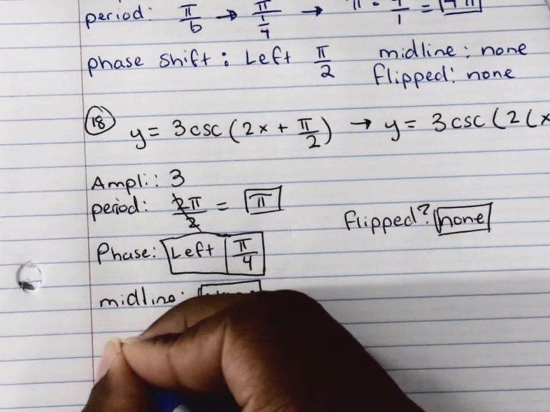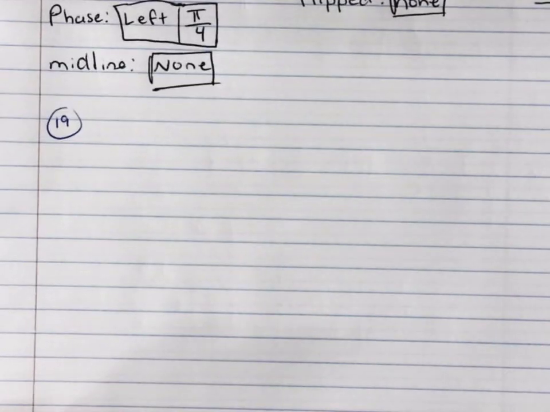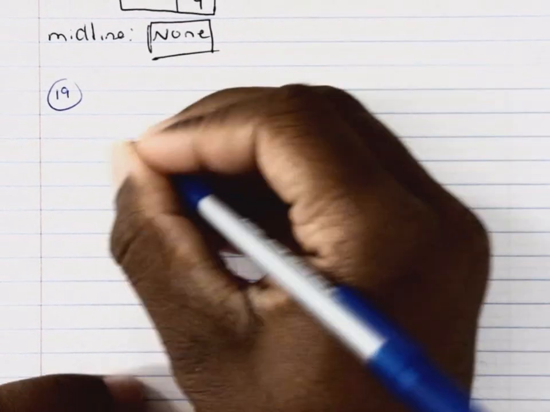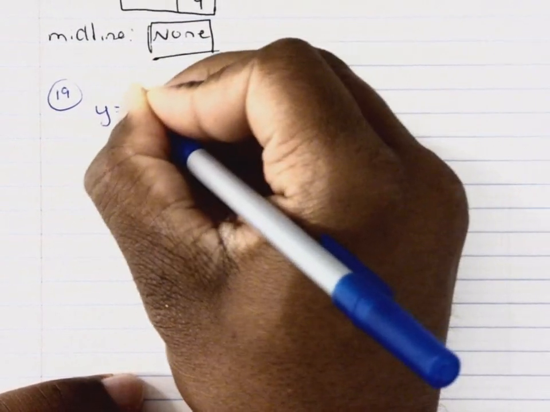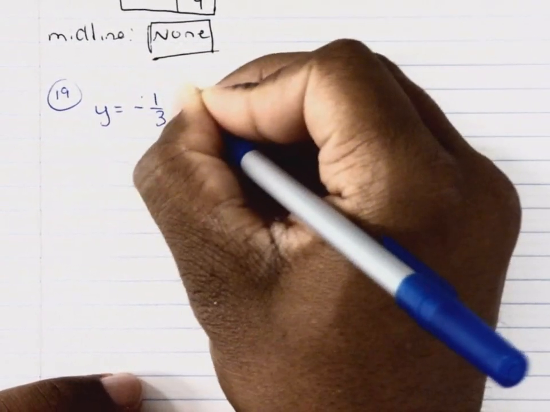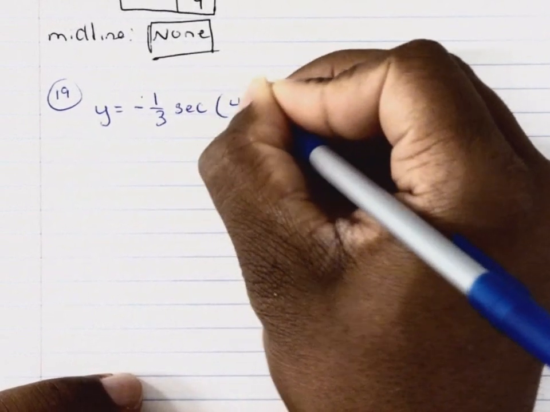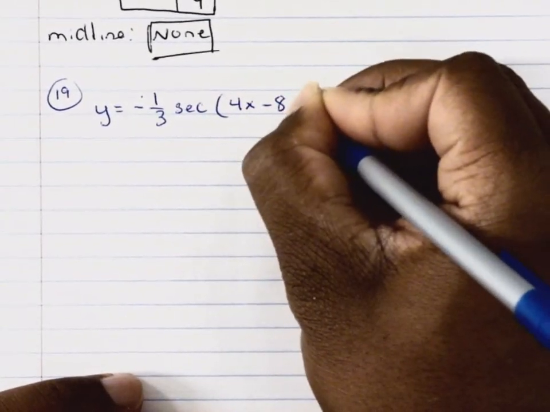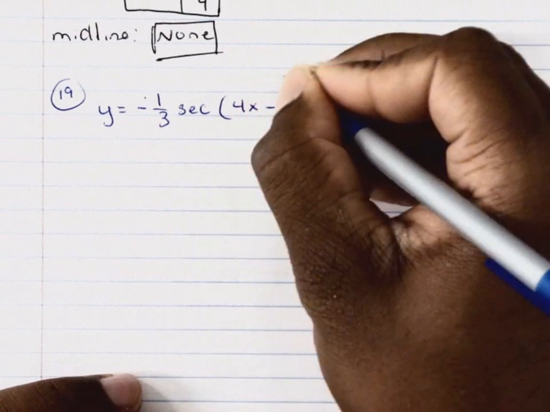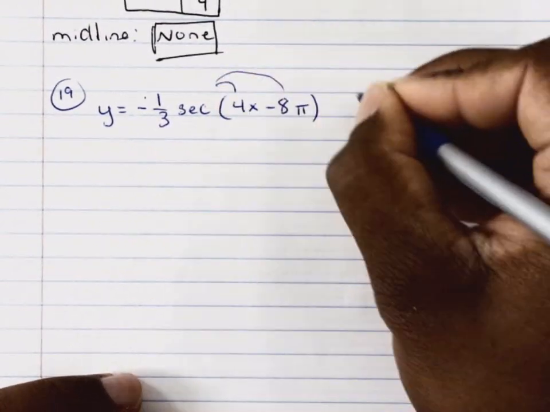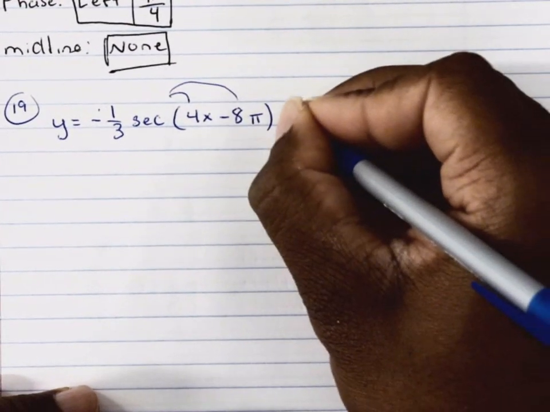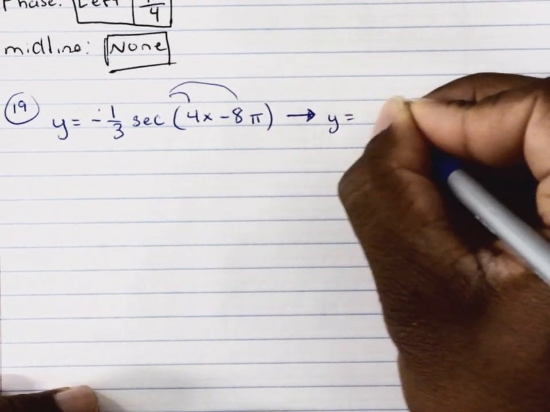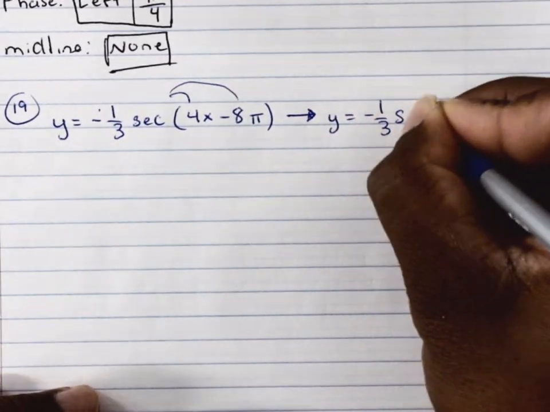All right, 19. y equals -1/3 secant 4x minus 8 pi. Here we factor out 4 to get it in standard form, so it would be y equals -1/3 secant.